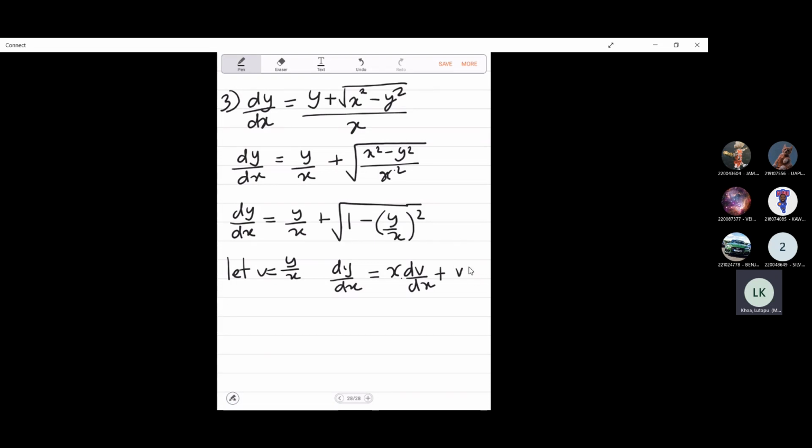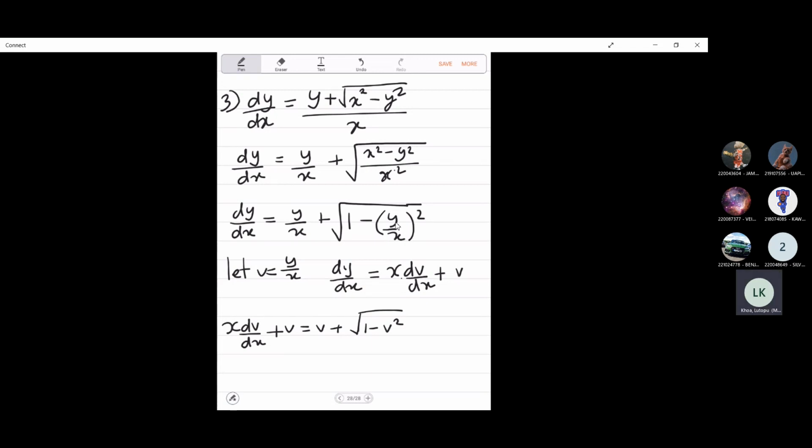Then we substitute this, and this will be v as well. So we have x dv/dx plus v is equal to v plus the square root of 1 minus v squared.